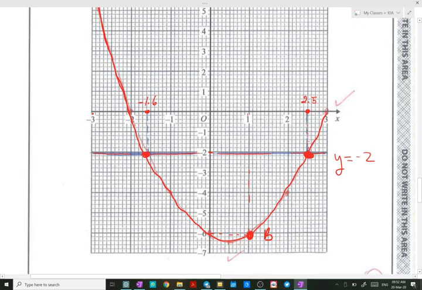These are the estimates of the solution of the intersection points between the curve, which is the quadratic function, and the line, whose equation is y equals minus 2.